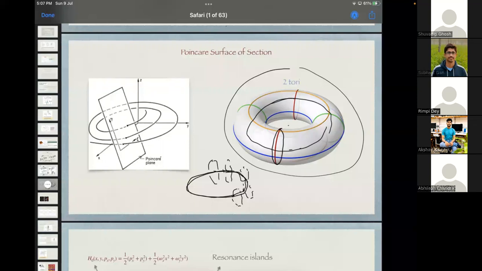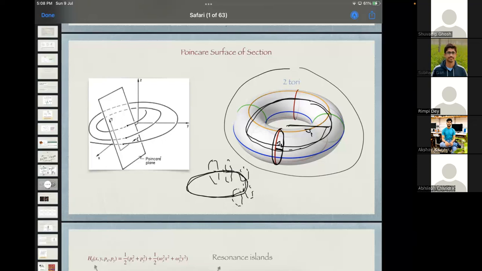So there are two parameters, θ1 and θ2. For the bigger circle, the radius from the center is, let's say, J1, and for the smaller circle, the radius from the center is J2. So J1 and J2 are constant for a particular energy value.